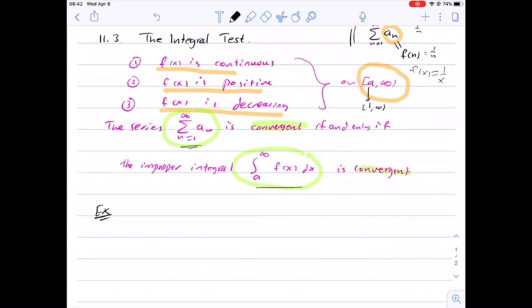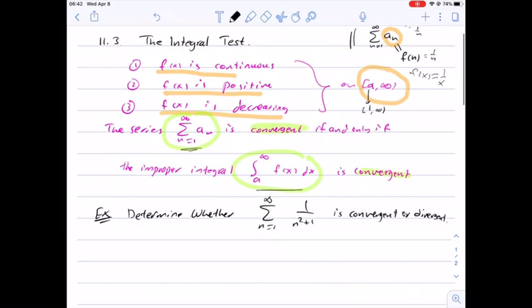Now let's take some examples. The first example is to determine whether the series sum from n equals 1 to infinity of 1 over n squared plus 1 is convergent or divergent.